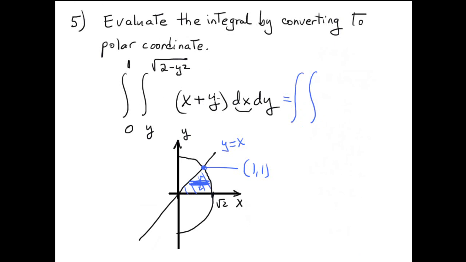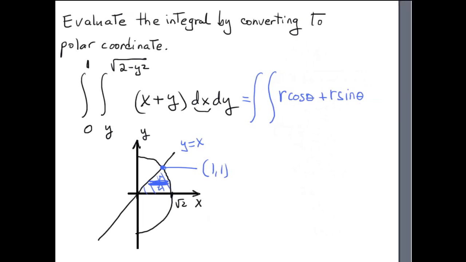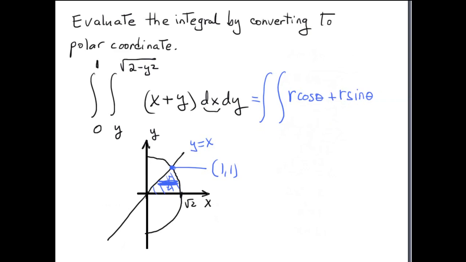You cannot leave it like that. You change x to r cosine theta plus another r sine theta, this is y. The differential in a double integral is r dr d theta. Multiply everything by r dr d theta.